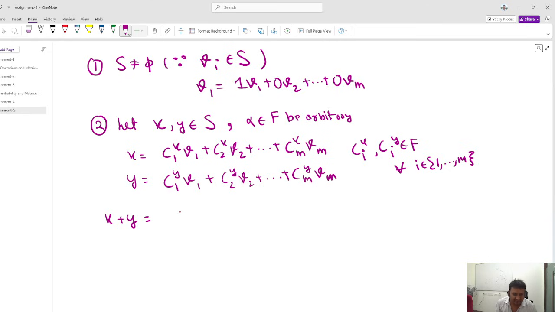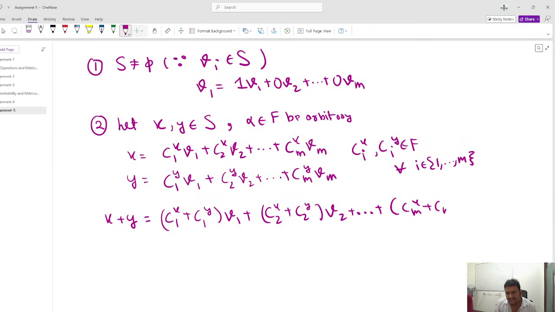If you sum it and take the terms together, using the properties of vector space, how scalar multiplication and vector addition behave, x plus y is (c1x plus c1y) v1 plus (c2x plus c2y) v2 dot dot dot (cmx plus cmy) vm.